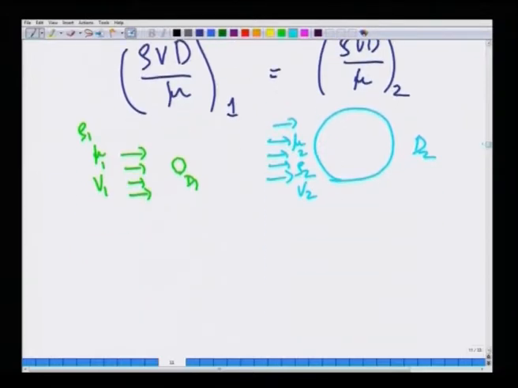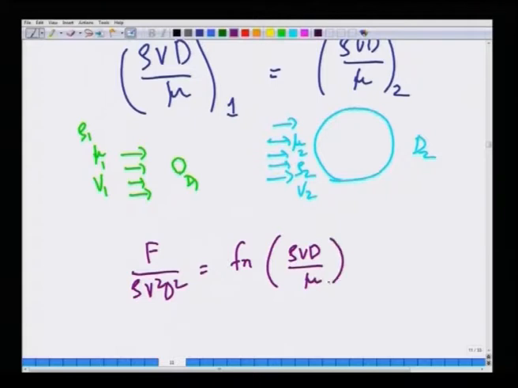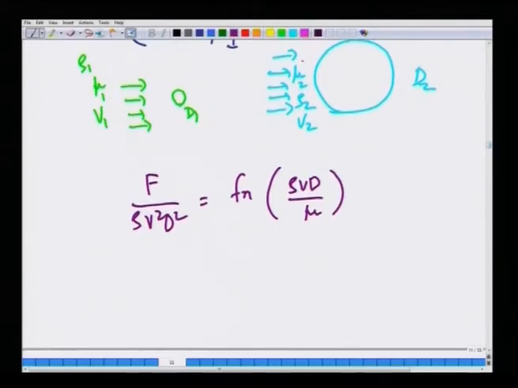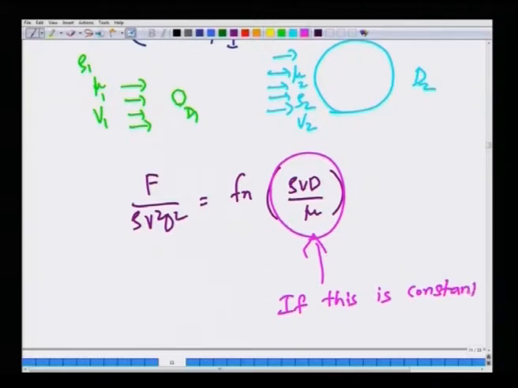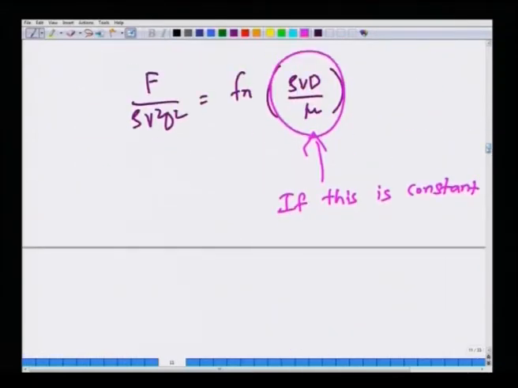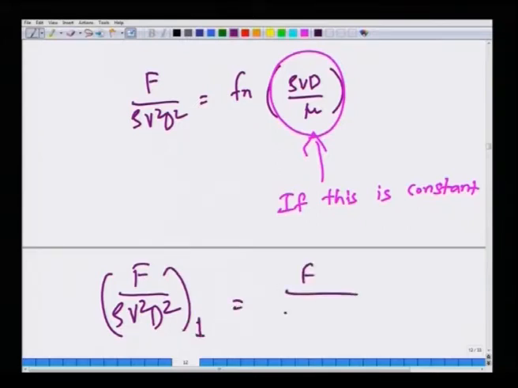The velocity at which the fluid is moving is v2. Then what this relation is saying is that f by rho v squared d squared, since it is a function only of rho v d divided by mu, if this is kept constant for two different systems, then f divided by rho v squared d squared for system 1 should be the same as f by rho v squared d squared for system 2.